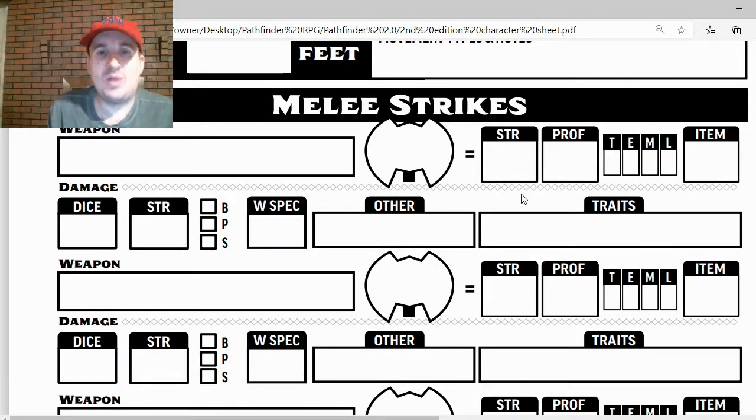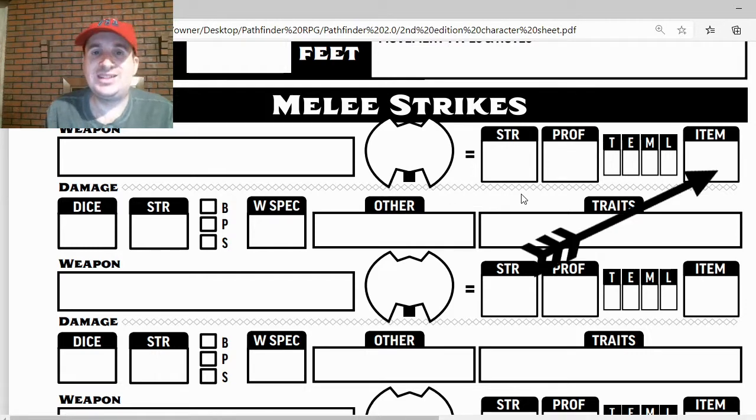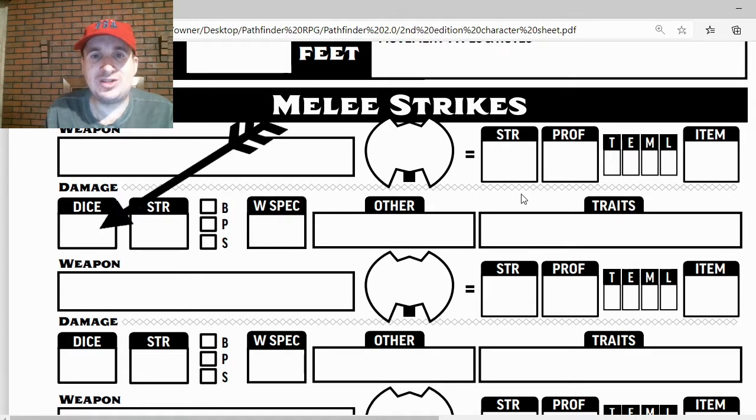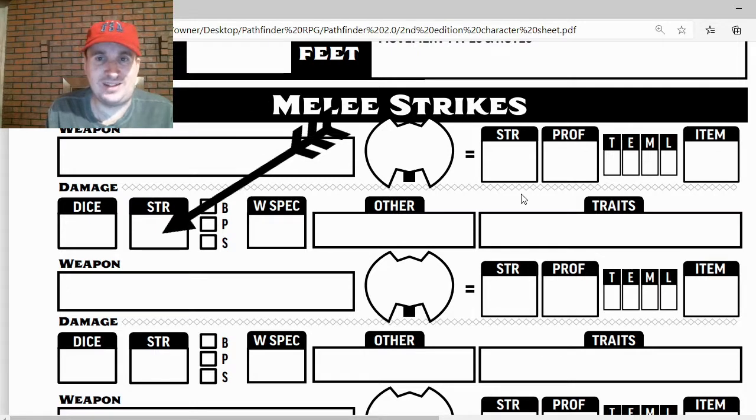Now let's talk about weapon strikes, starting with melee strikes. These are strikes with melee weapons, such as swords and axes. For accuracy, it's your strength modifier, plus your proficiency bonus, plus any magical enhancement that the weapon has. For damage, it's your weapon's damage dice, which will depend on the weapon, plus your strength modifier.